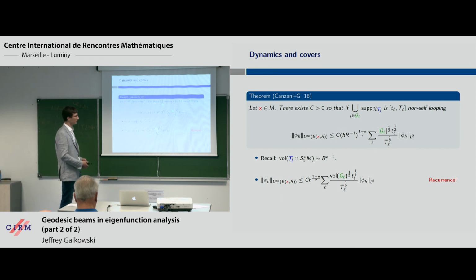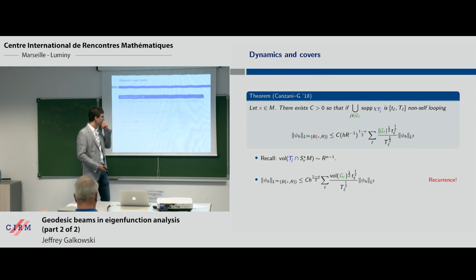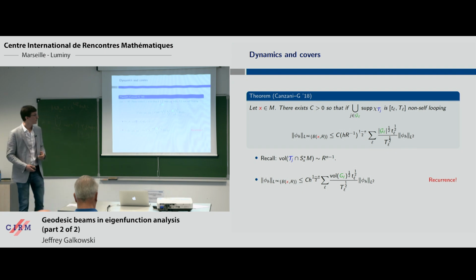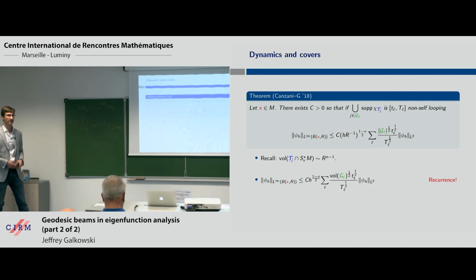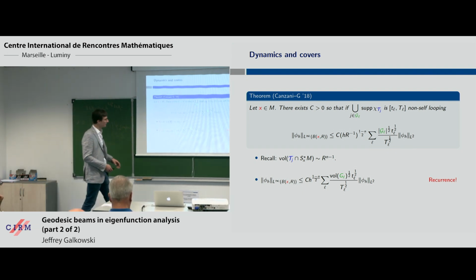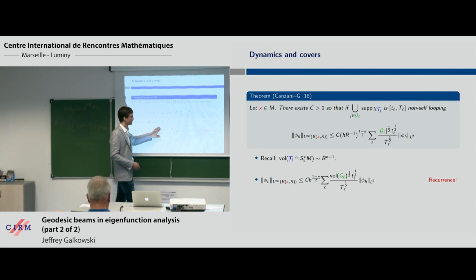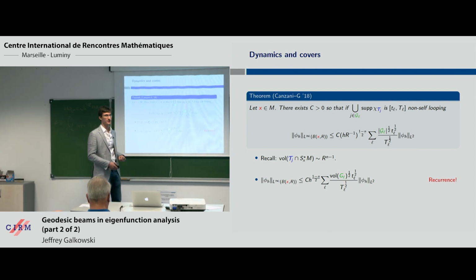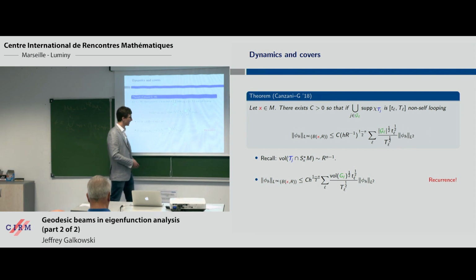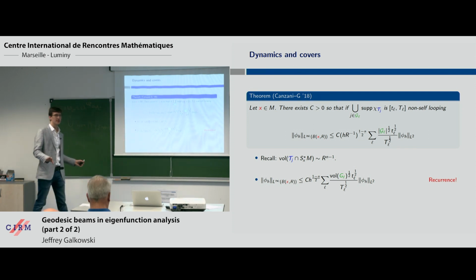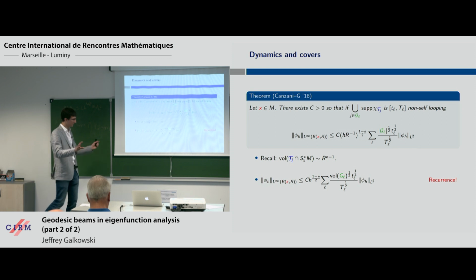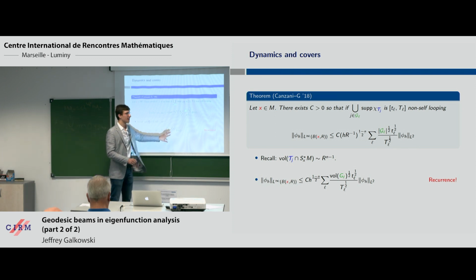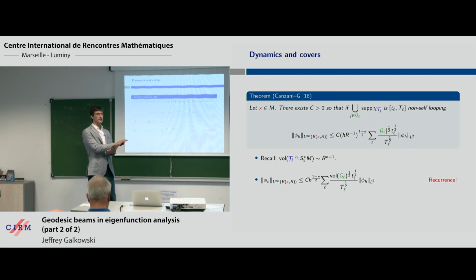But you can do more. You can say, okay, maybe I do have a lot of loops coming back through x, but maybe they're not close to being closed. And if you can do that, I start with this bad set, which maybe consists of all the closed trajectories. And then I have the things which are not closed, and I split them somehow, so that I get, say, two sets which only see the other one.